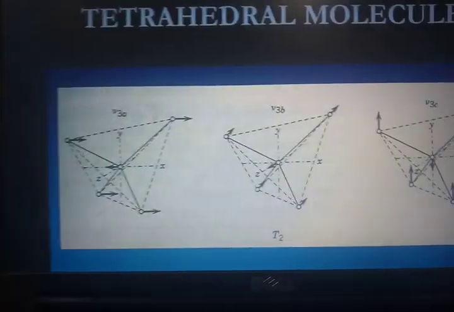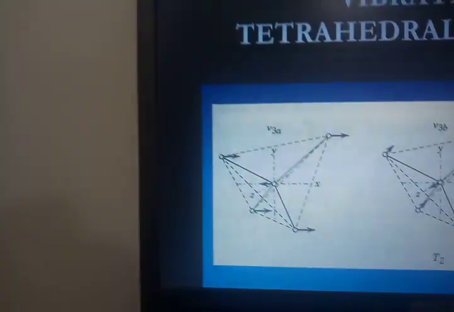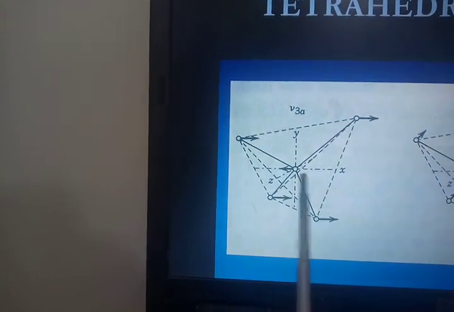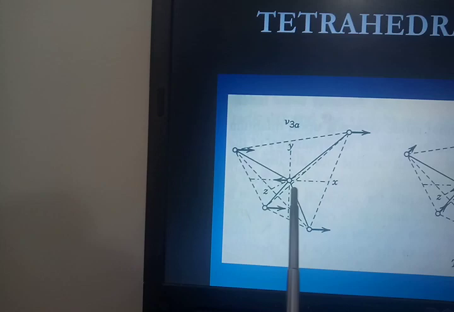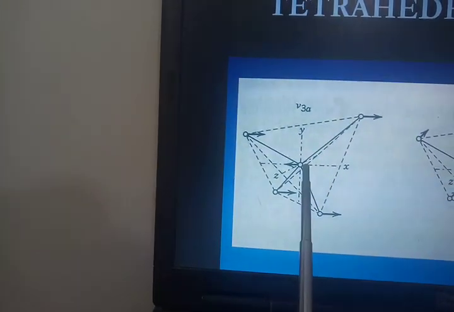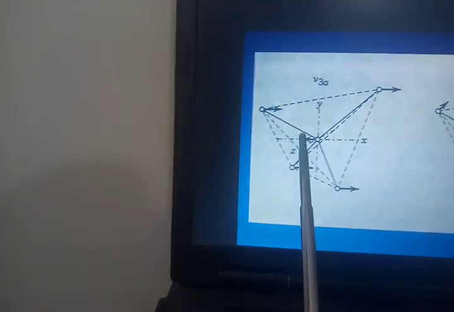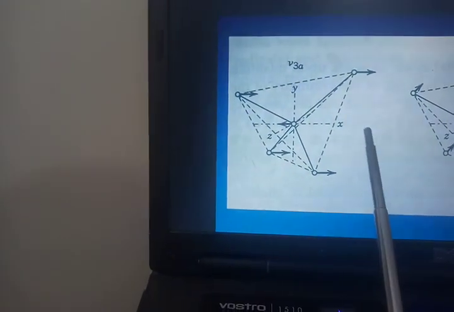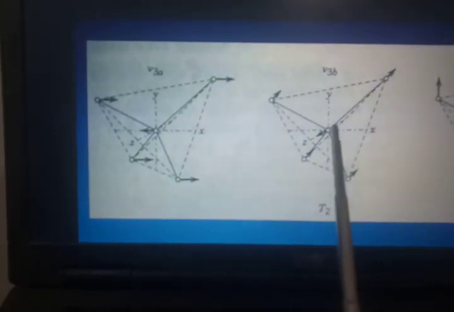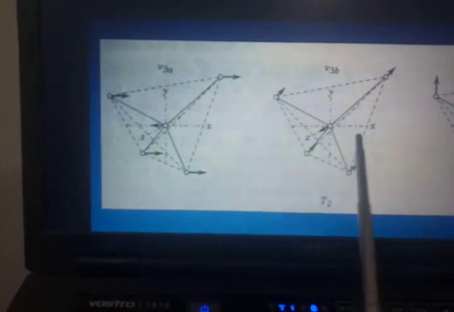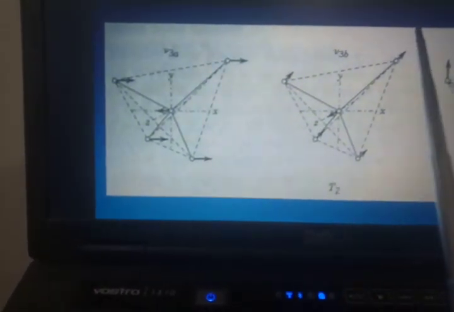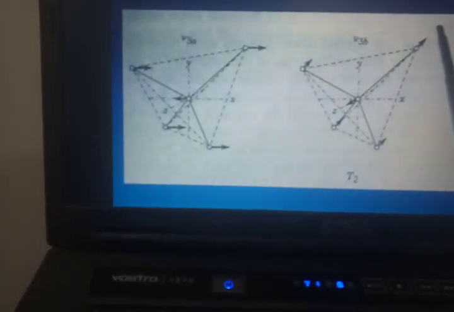In this motion, you will find that in the first mode, the central atom, that is the carbon atom, is moving towards the negative x-axis, while all the hydrogen atoms are moving towards the positive x-axis. Okay? Similarly, here you will find that the central carbon atom is moving along the z coordinate in this direction, while the hydrogen atoms are moving along the z-axis in the opposite direction.